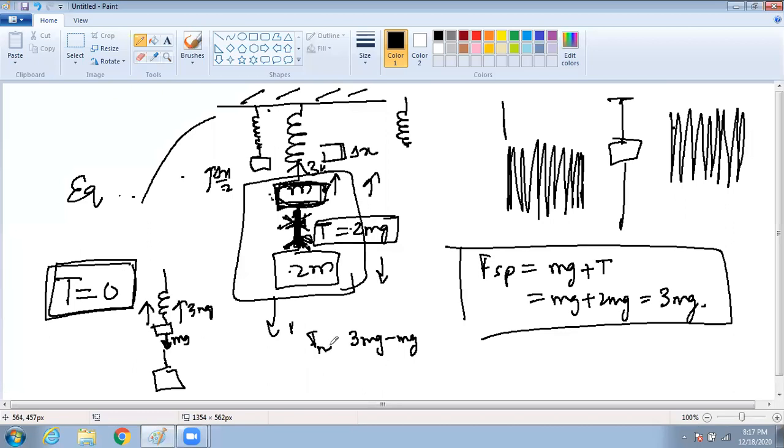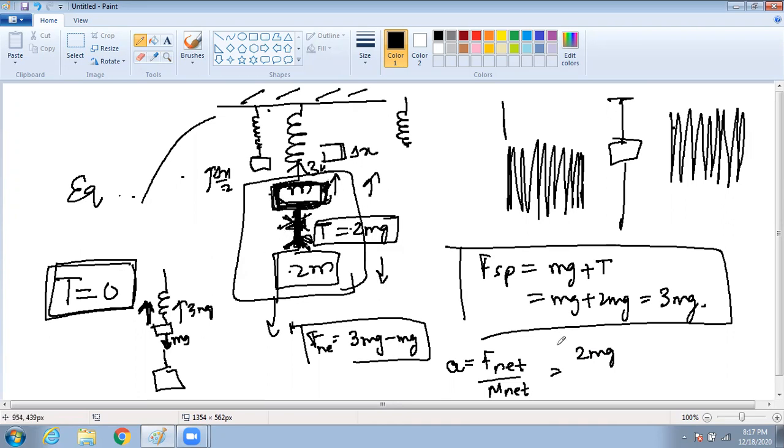That is the F net. Net force, which side? Upward. And what is the formula? Acceleration is F net by M net. What is F net? 2 mg. What is M net? What is the net mass? This got cut. It fell down. So we only have this mass now, divided by m.